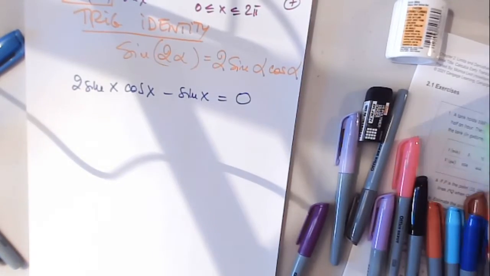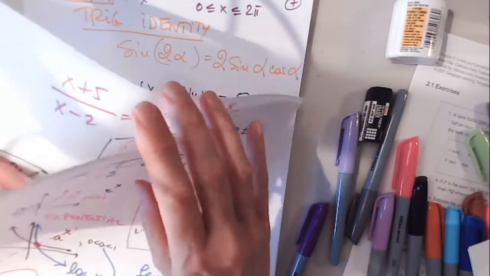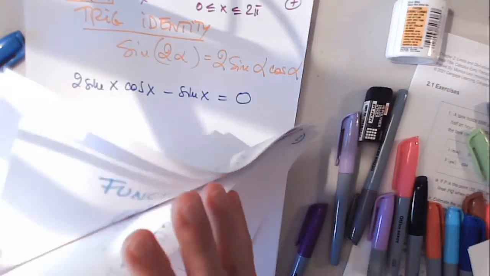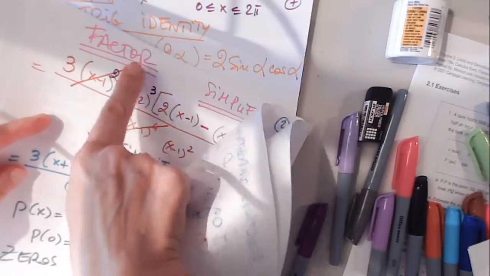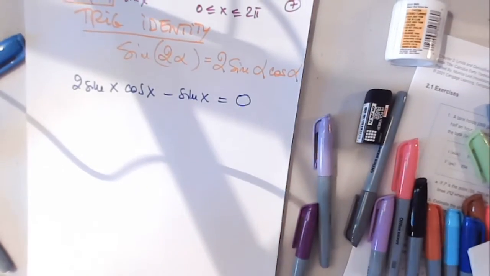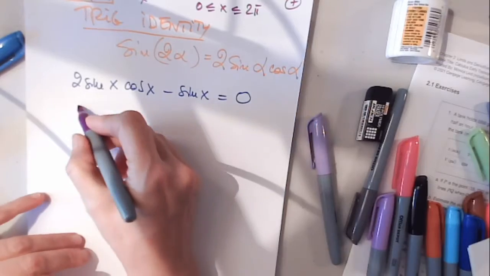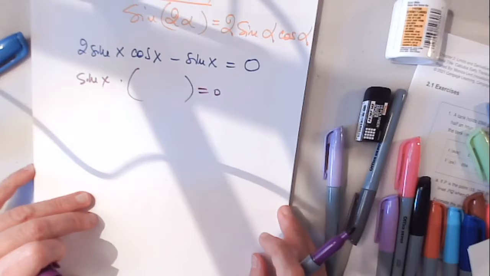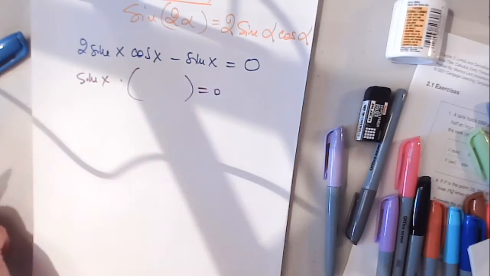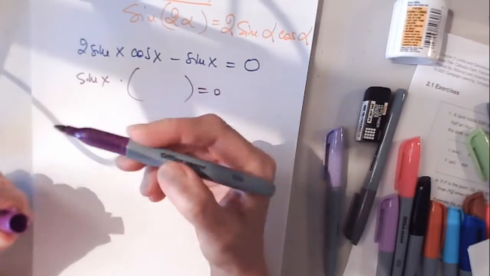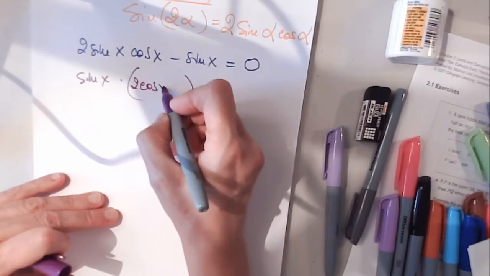And remember, always, you're gonna factor out common. Exactly. Always. Okay, good. I factor out sine x, and what is left in parentheses multiplied by what? 2 cosine x minus 1.